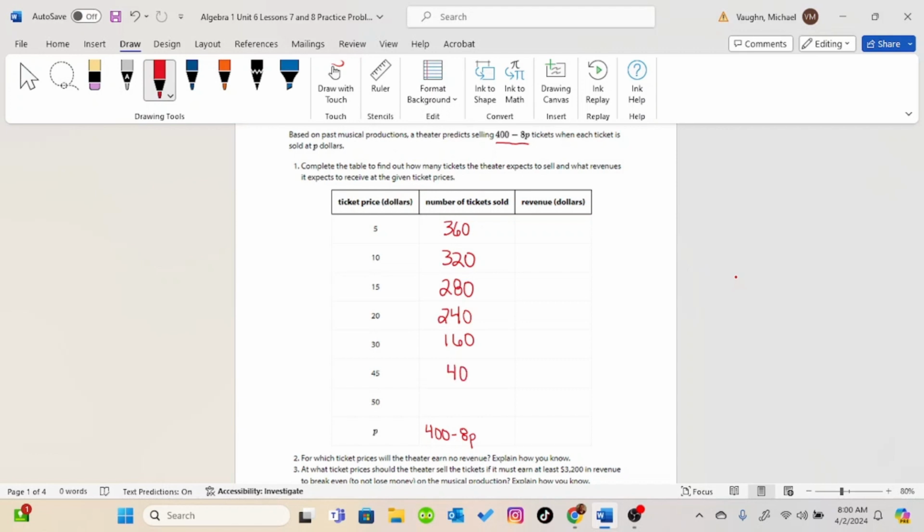And 50 times 8 is 400. 400 minus 400 is 0. Now that we know how many tickets have been sold, to find the revenue, we multiply the ticket price times how many tickets were sold.